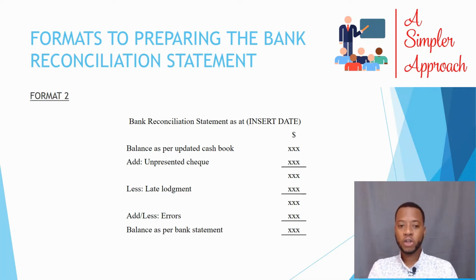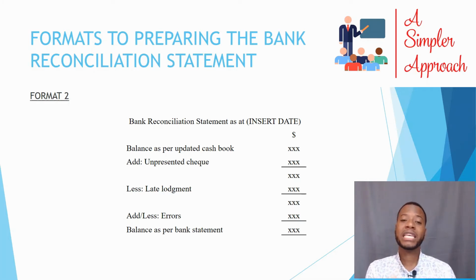Format 2 looks like this. You recognize it's much simpler. That is so because the cash book is updated first. Okay, so you recognize direct credit, direct debit, bank charge. You realize all those things are out. Why? Because those things would have been placed in the cash book first.